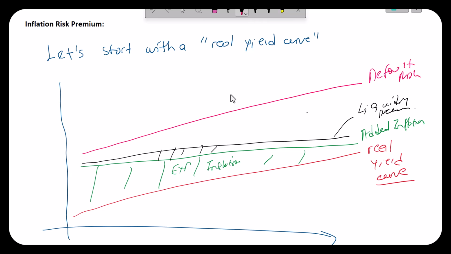Typically, default risk is higher the longer the maturity, because there's more time for the company to screw up, in a sense. Probably default risk for Apple would be almost nothing for a 6-month thing, but for a 30-year, it's going to be more than that. In a sense, you have the yield curve, and you have a default spread yield curve as well.